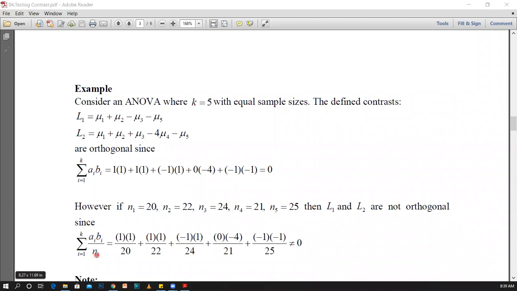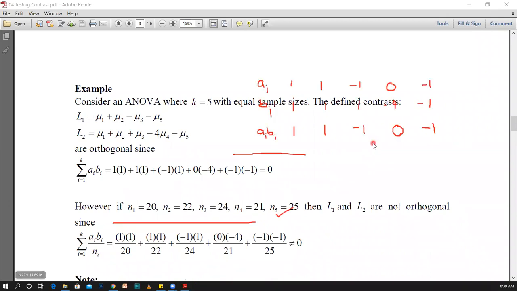Previously, we identified the values for ai and bi. Now we take ai bi divided by ni, where the ni values are 20 for the first sample, 22, 24, 21, and 25.